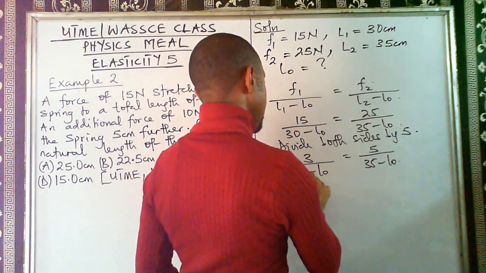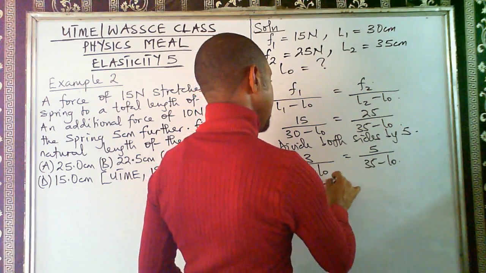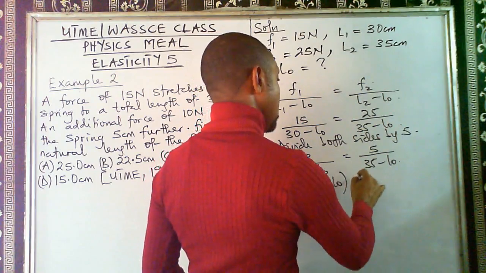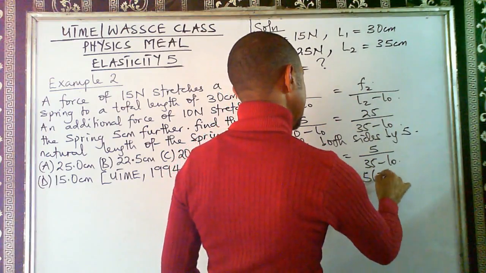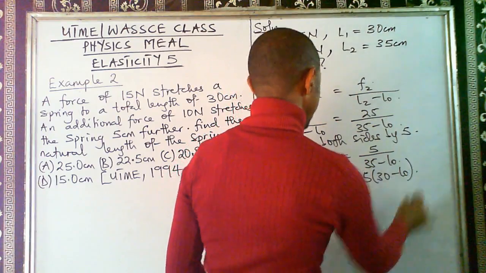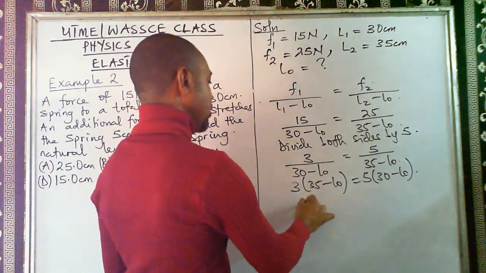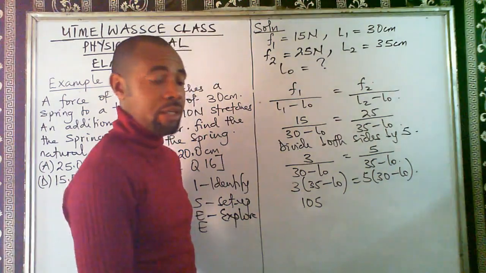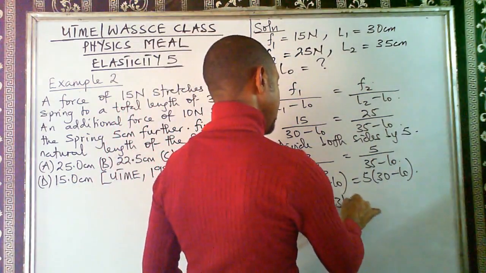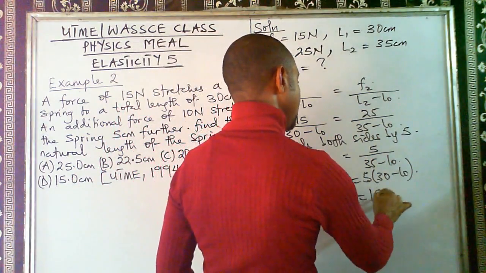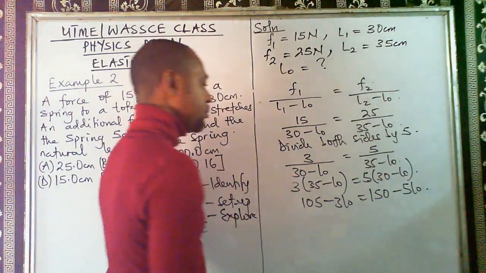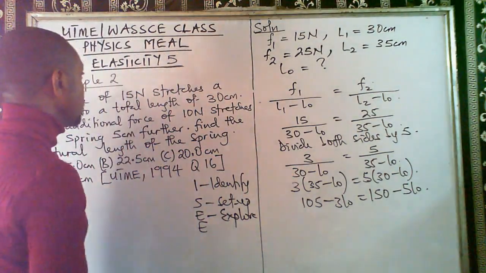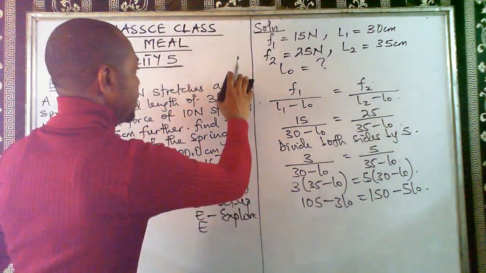3 bracket 35 minus L0 equals 5 bracket 30 minus L0. 3 times this will give us 105 minus 3 L0. 5 times this is 150 minus 5 L0. Okay, so we now collect like terms.